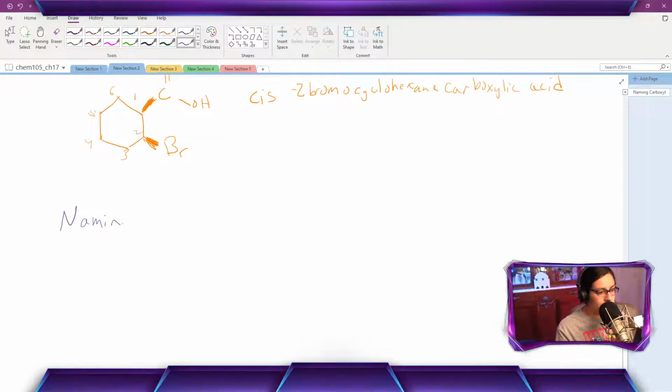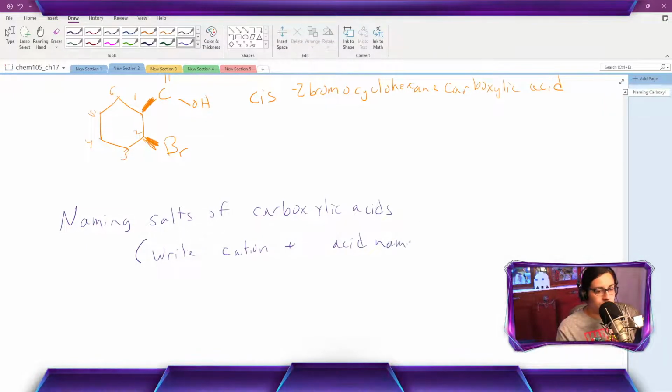So this would be naming salts of carboxylic acid. And so you can write cation plus acid name with ic changed to ate. And so what does that mean? Let's go through an example.